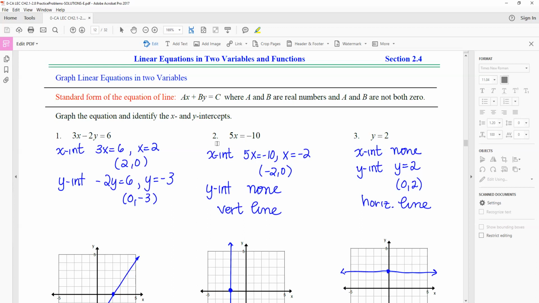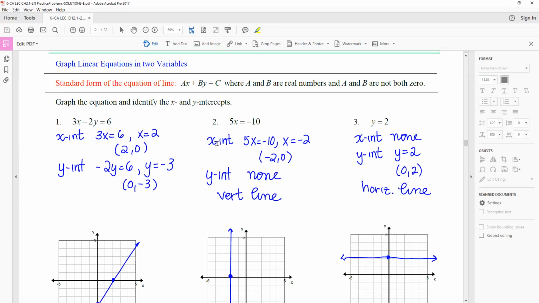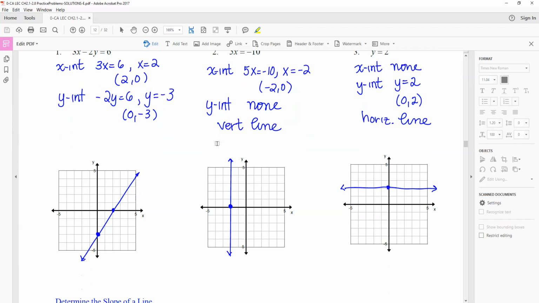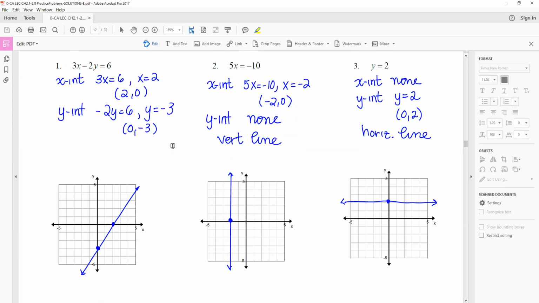Okay, in this case, we're just finding the x and y intercepts. So in this case, to find the x-intercept, we replace y with 0. When we replace y with 0, we get 3x equals 6, x equals 2.